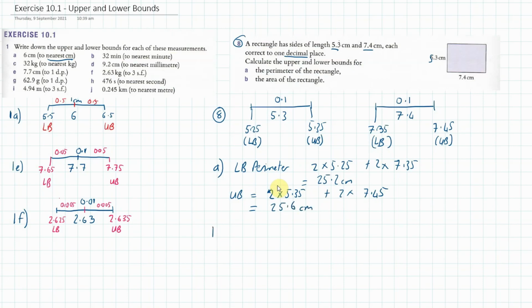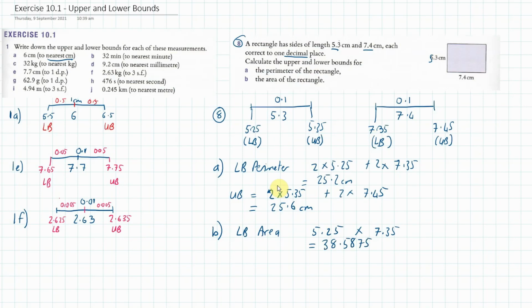Now for the area, the lower bound for the area is going to be equal to the two lower bound values for the lengths multiplied together. So 5.25 times 7.35. Now, what does this give us? That gives me 38.5875, and I'm going to write the whole answer. I'm not going to do any rounding.